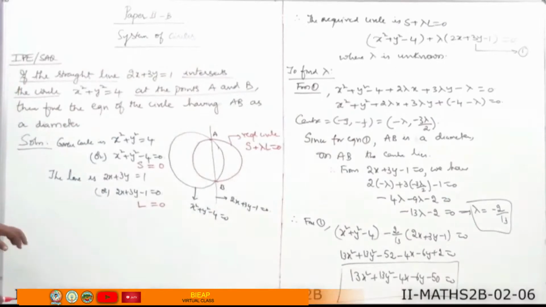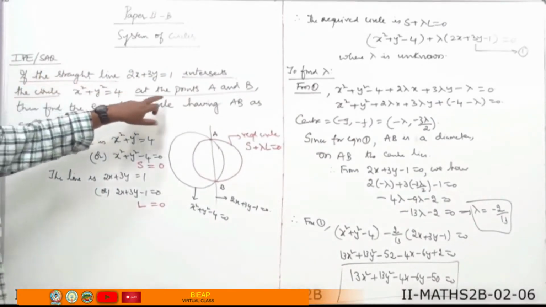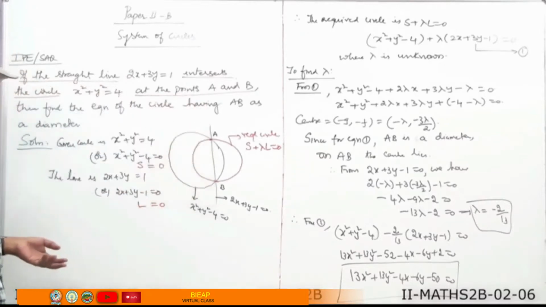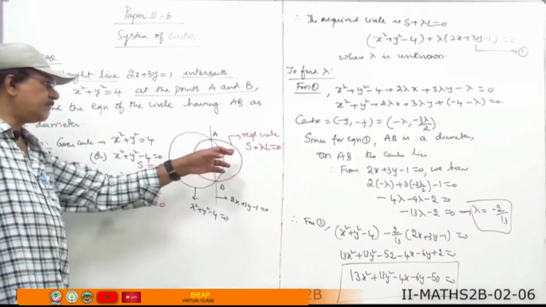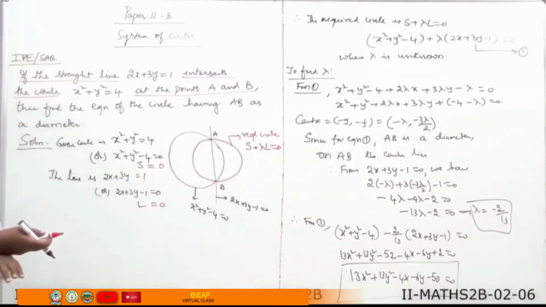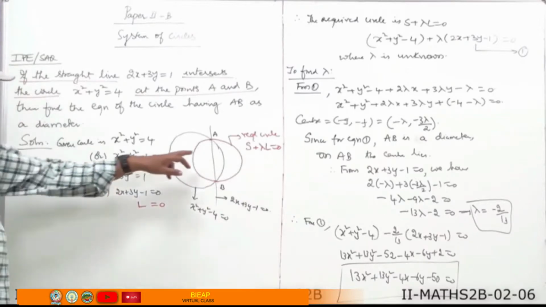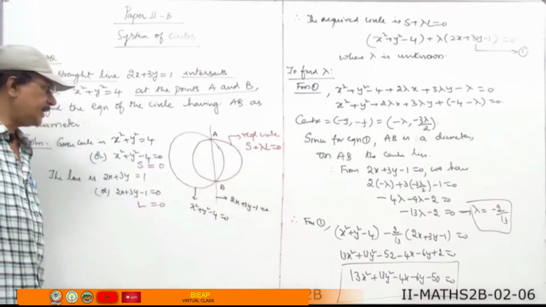So in this problem there is a line and a circle, and these two intersect at the points A and B. Then we are finding another circle passing through A and B. That is in the form S plus lambda L. From the previous session, we discussed this concept, S plus lambda L equal to 0.